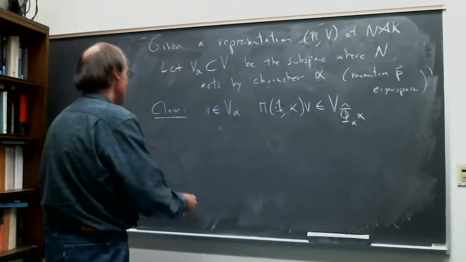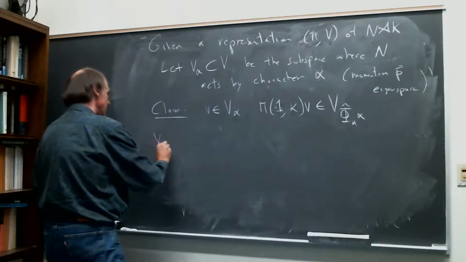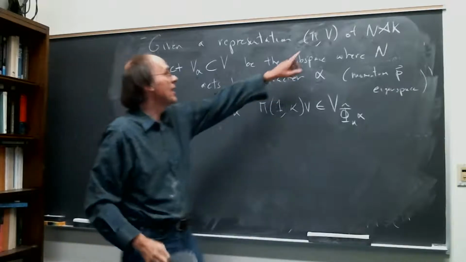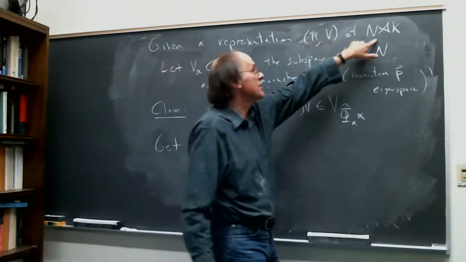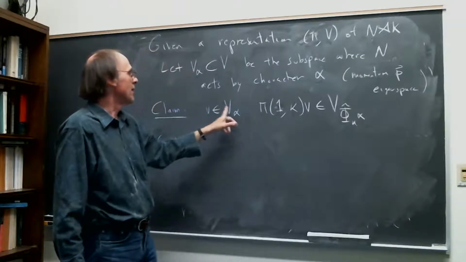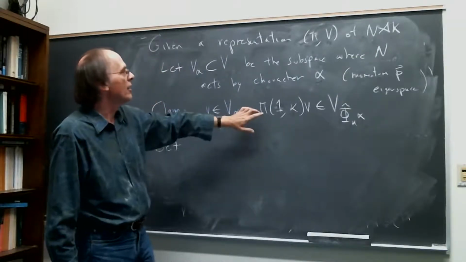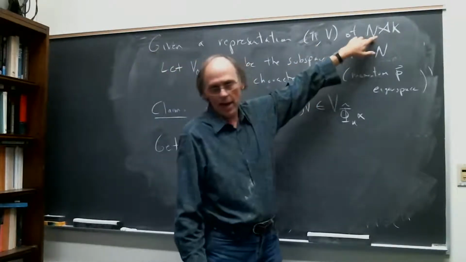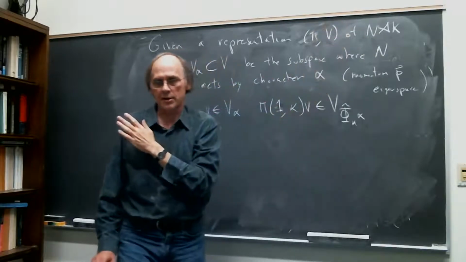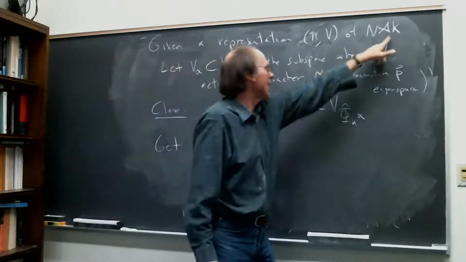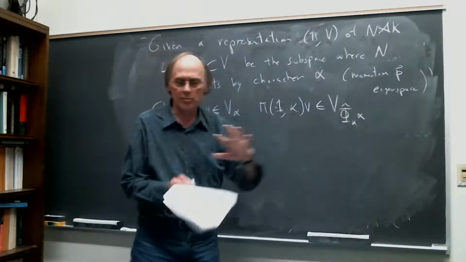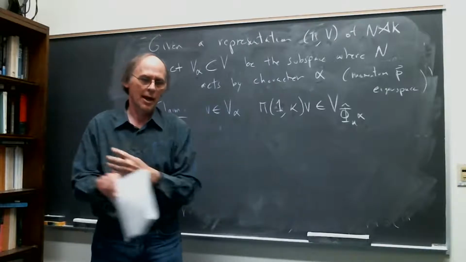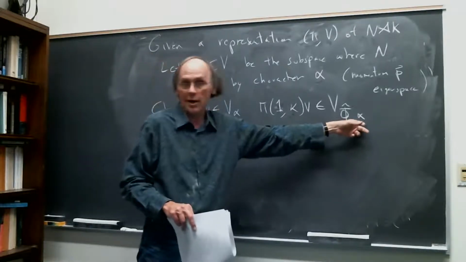And so if somebody hands you a representation of this, you can analyze it by looking at the way n acts by decomposing according to characters, and then you can look at the way k acts, by saying that k is going to rotate you around among these different eigenspaces, or these different characters.